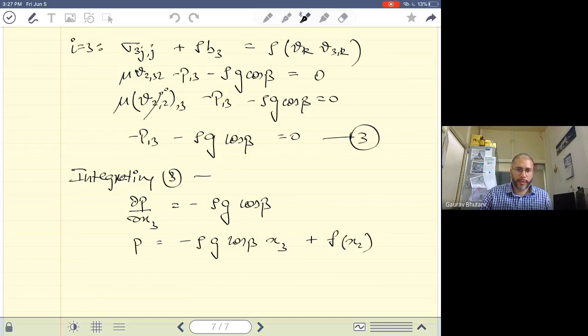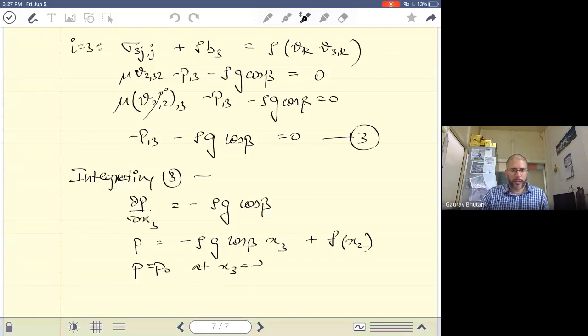All right, so this is the pressure. Now, to be able to get this function f, we have to apply some sort of boundary condition. And one boundary condition that was given to us was that P was equal to P naught, at atmospheric pressure, at x3 equals h. So at the surface of the flow, P was equal to P naught.